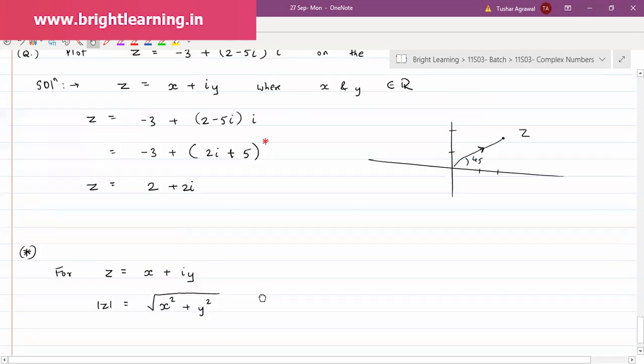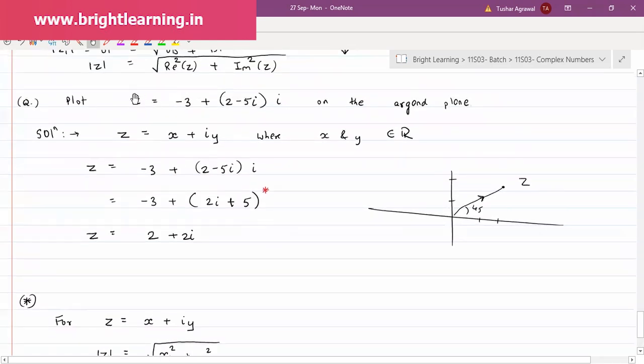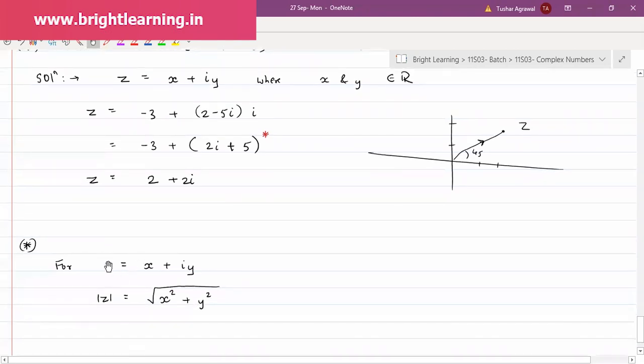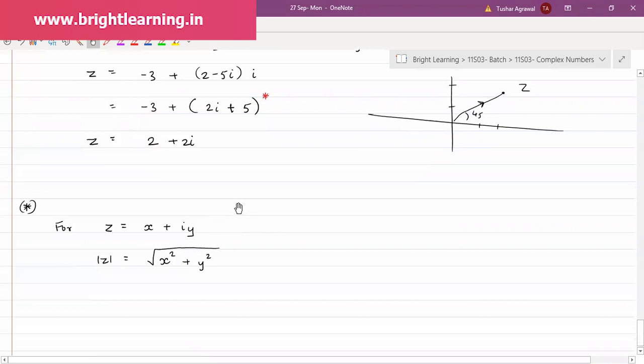If I do some horrible work like Z equal to negative 3 plus (2 minus 5i) times i, you will not say that modulus is the square root of x squared plus y squared. In order to apply this definition, you should take note that x and y are purely real numbers, meaning I have written Z in the standard form, and after that I have applied it.